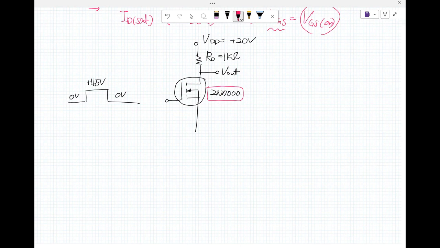the MOSFET model 2N7000. From here, we can find the activated V sub GS on, 4.5 volt was given, and I sub D on was given, 75 milliamp. Okay.